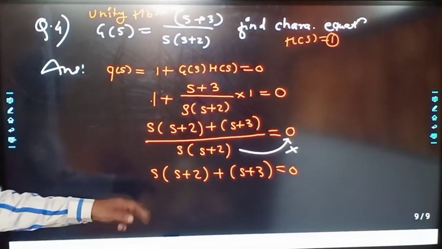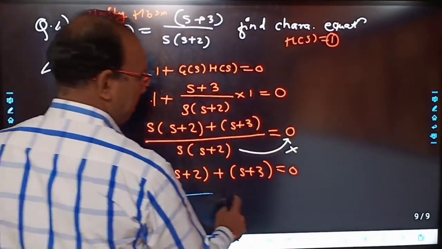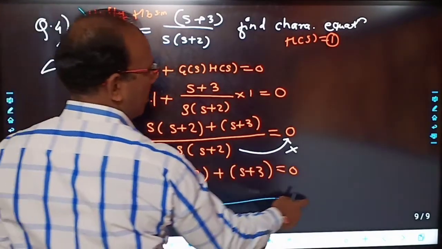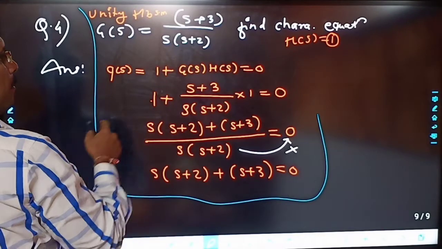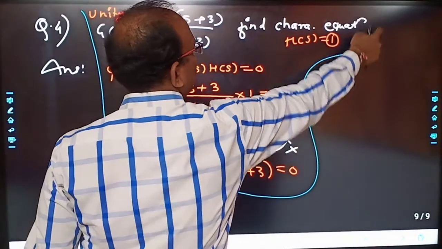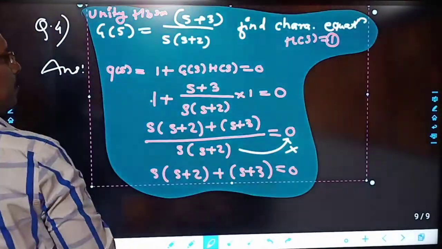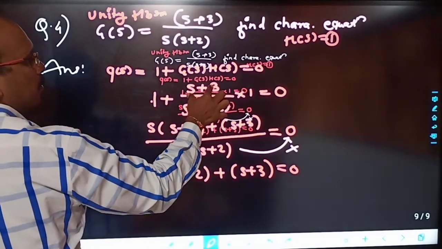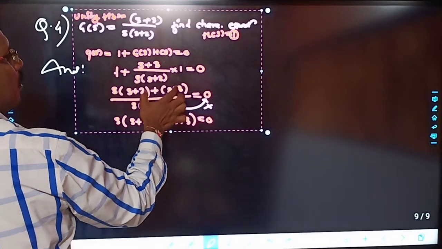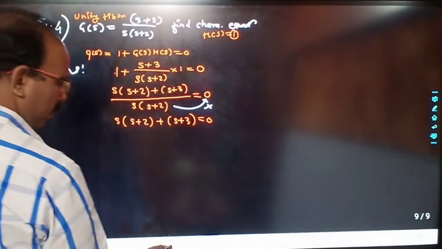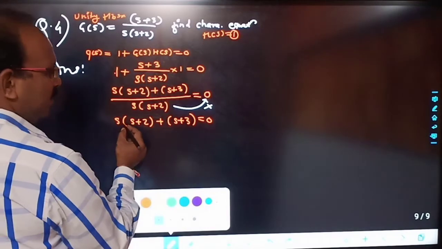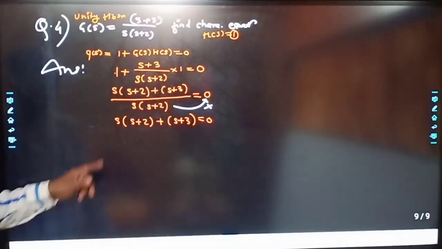Now I want to reduce this because I need space. Here I want the characteristic equation. So this is s into s plus 2 plus s plus 3 equals 0.